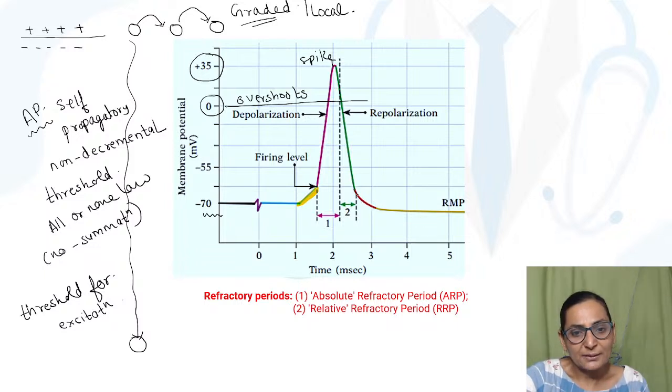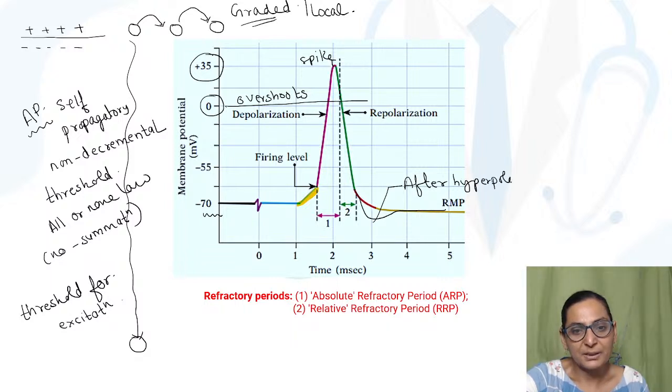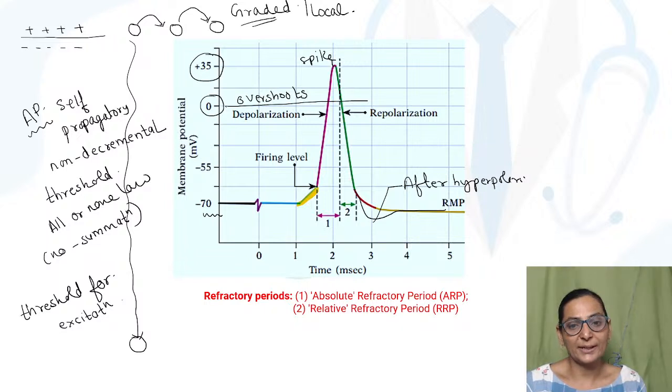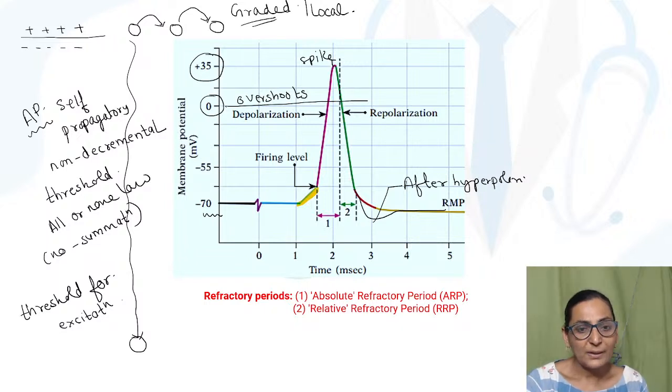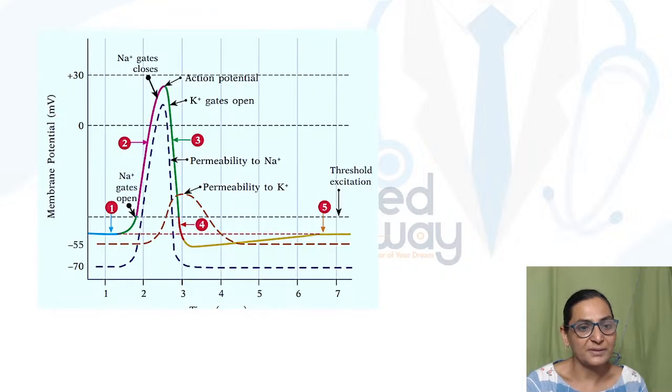You may also get a slightly more negative RMP. This is called after hyperpolarization. Now let's look into the causes of these.